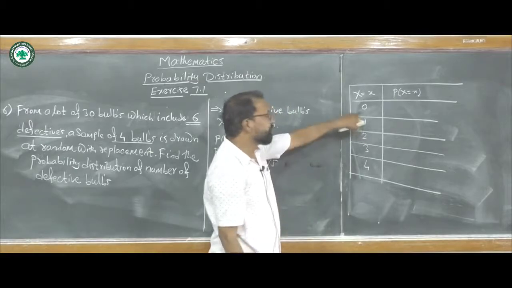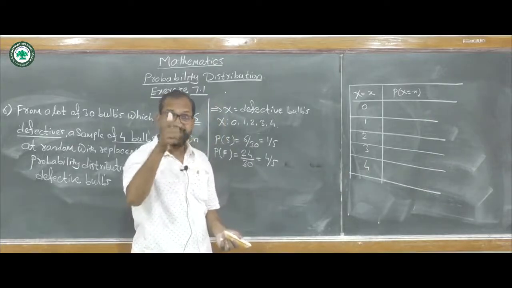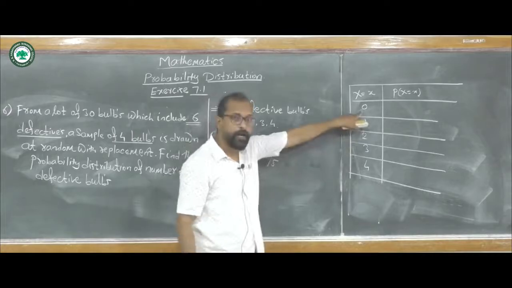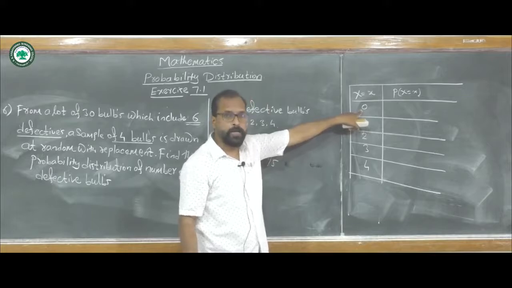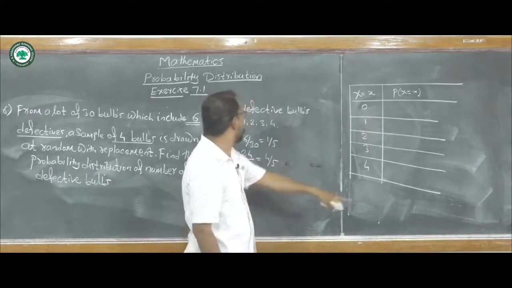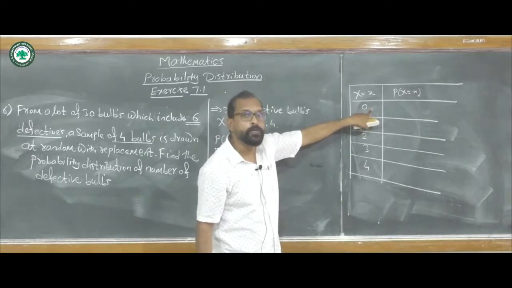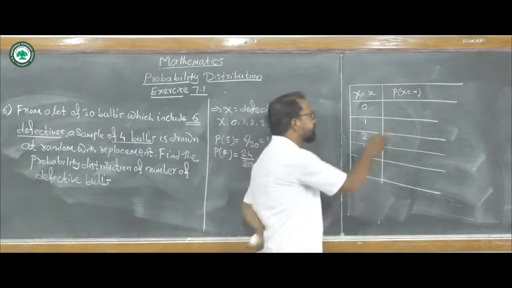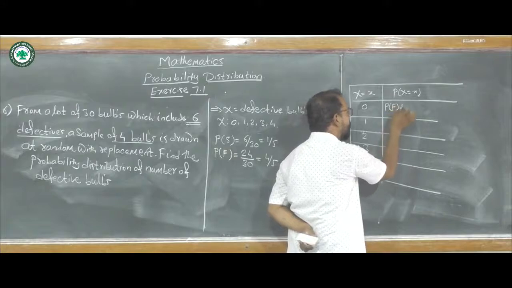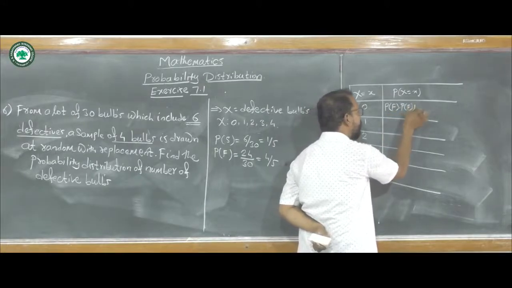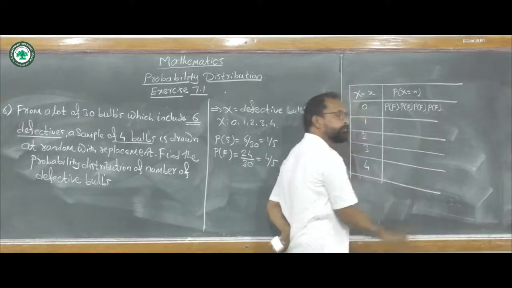Now here we have to find the probability of getting 0 successes, that is in all the 4 trials. Since we select the 4 bulbs, in all the 4 trials we get the failure. So this probability equals probability of failure into probability of failure into probability of failure into probability of failure.